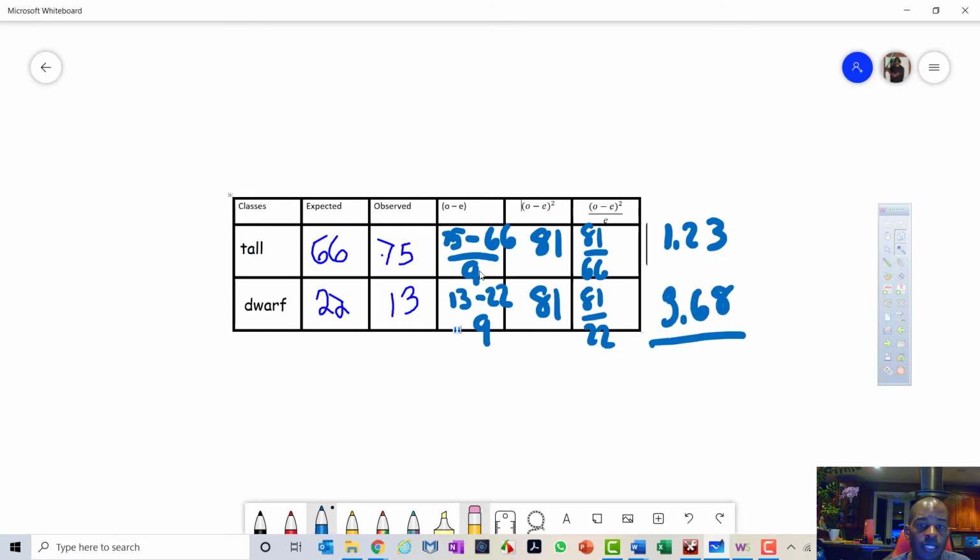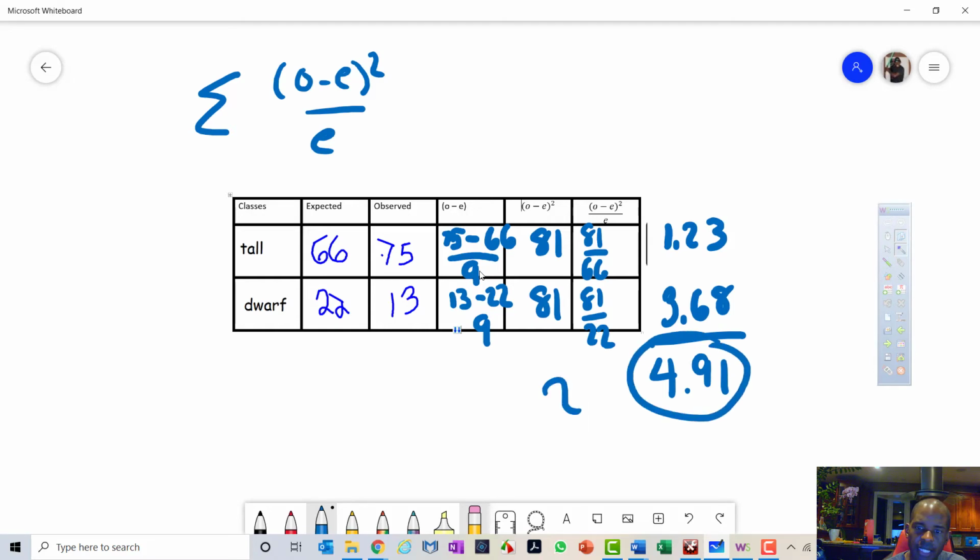And if you looked at the formula, remember it was a sum of observed minus expected squared divided by expected. So you take every single value in this column, no matter how big this column is, if it's 2 rows or 4 rows, and you add them all together. So I'm going to take 3.68 plus 1.23, and that will give me a value of 4.91. Okay, so my chi-squared equals 4.91.